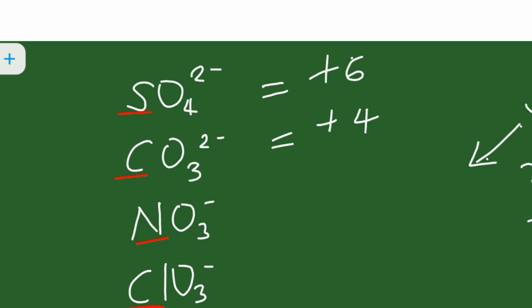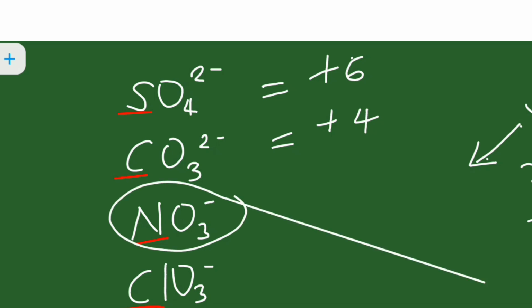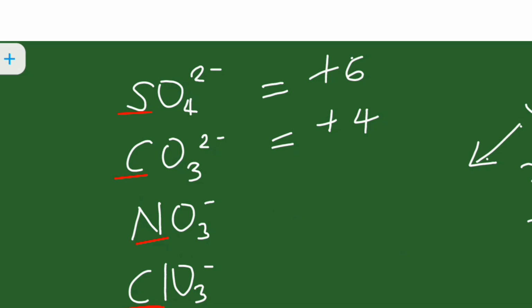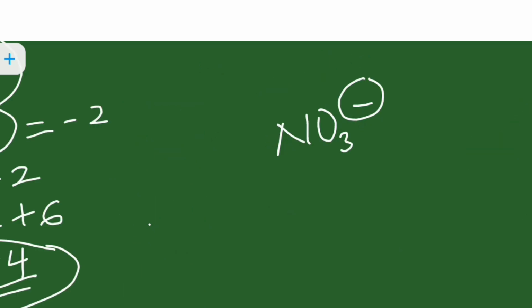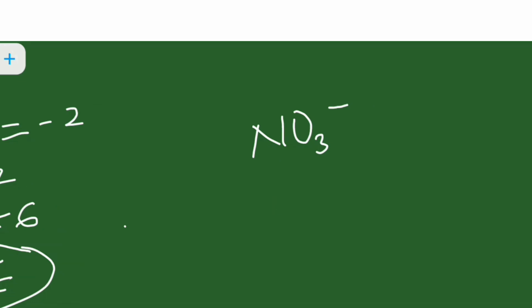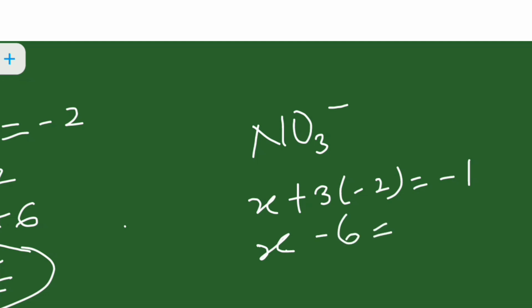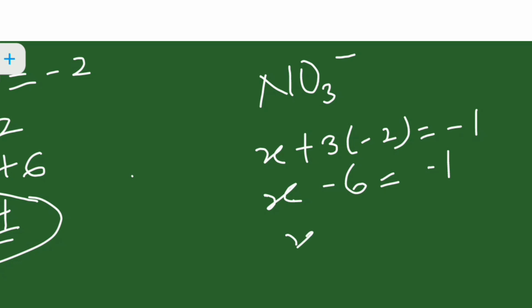Then you have NO3-. So let's find that. You can see the charge here. The charge is -1, so the total charge must give me -1. So let nitrogen be X. So X plus 3 into -2, so X - 6 = -1. From here you can just take the like terms.